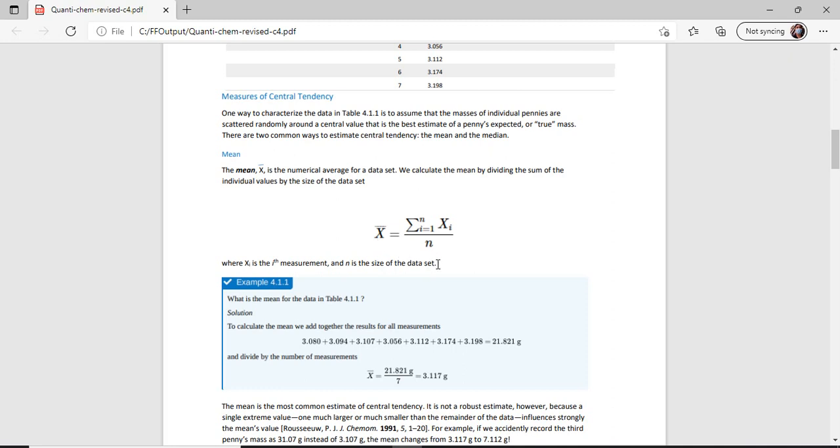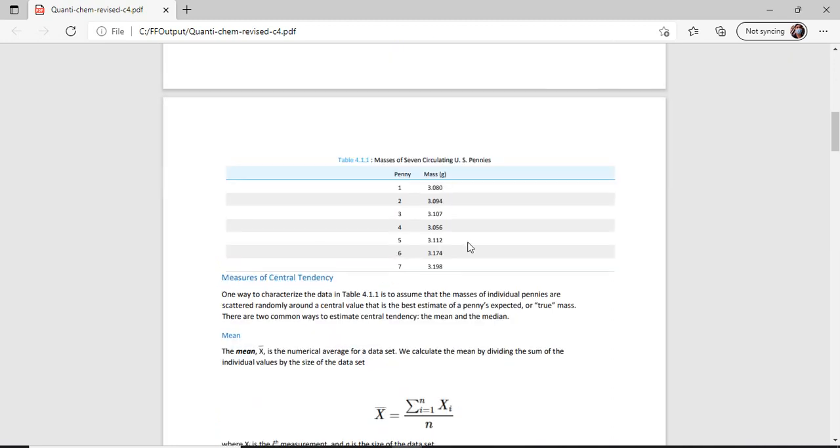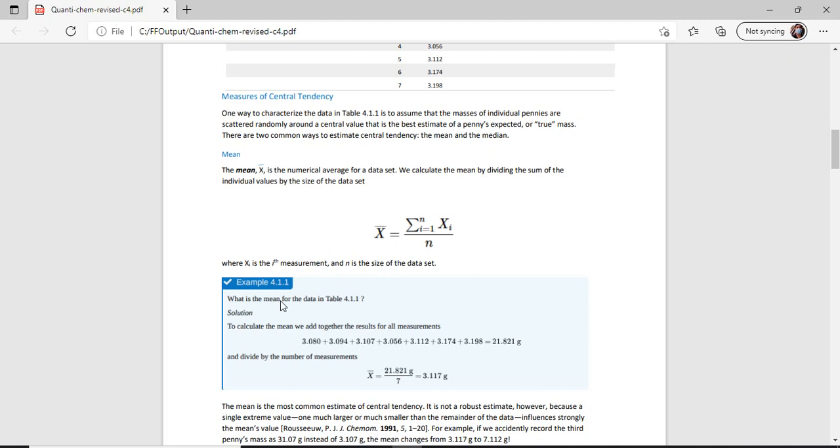You have here the example or paano you can solve ang mean given sa imong nga table. You have here what is the mean for your data in table 4.1. Solution, calculate the mean. We add all together your result for all your measurements. So, i-add mo lang from penny 1 to penny 7. You have here penny 1, 2, 3, 4, 5, 6, and 7. Kaya ang total nga mass is 21.821 grams.